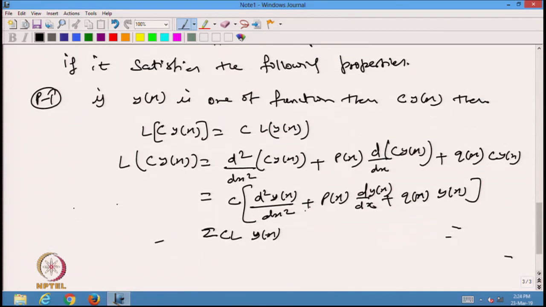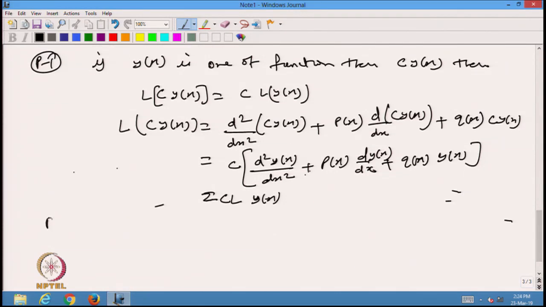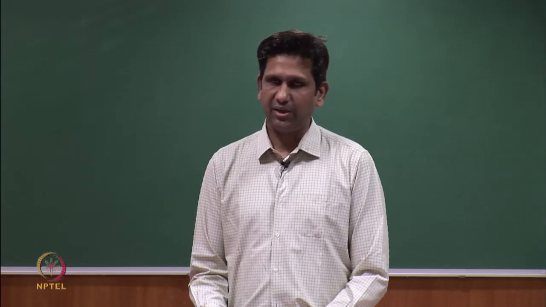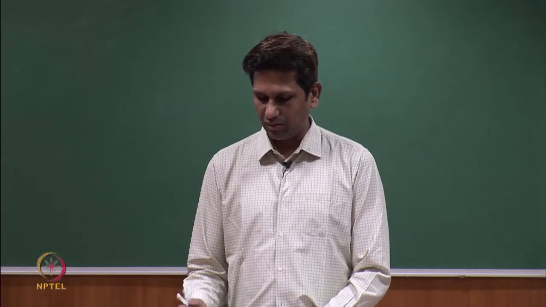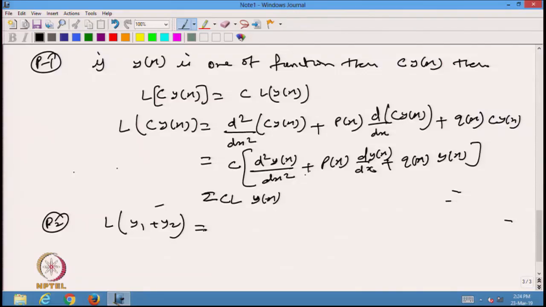Then we define the second property. The second property, P2, is that L of y1 plus y2, where I have two functions y1 and y2 and I operate L on this summation, should be equal to L of y1, operating on x, plus L of y2, operating on x.